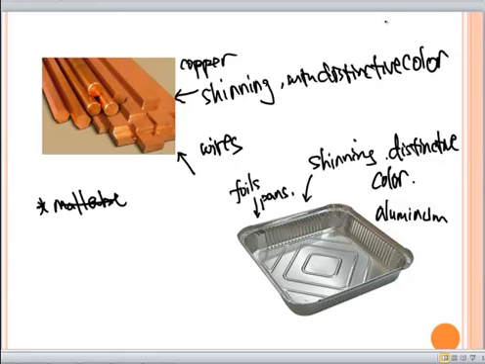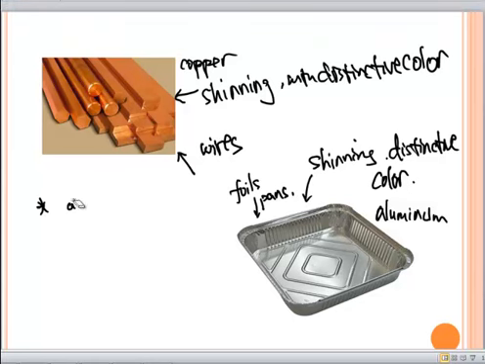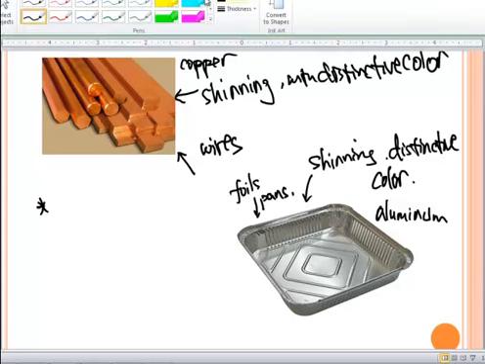Oops, a wrong spelling, so let's correct that. They are quite malleable, or sometimes referred to as ductile. Those properties are quite different from the ionic compounds or covalent elements or compounds, as we discussed in the previous sections.